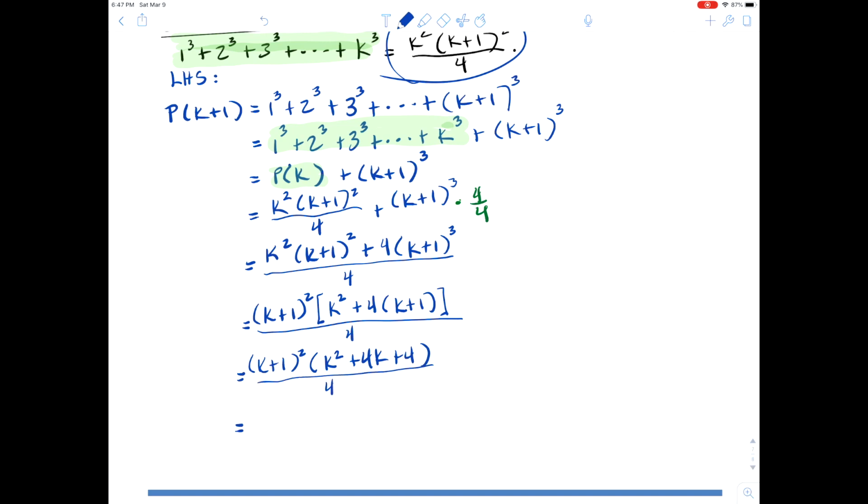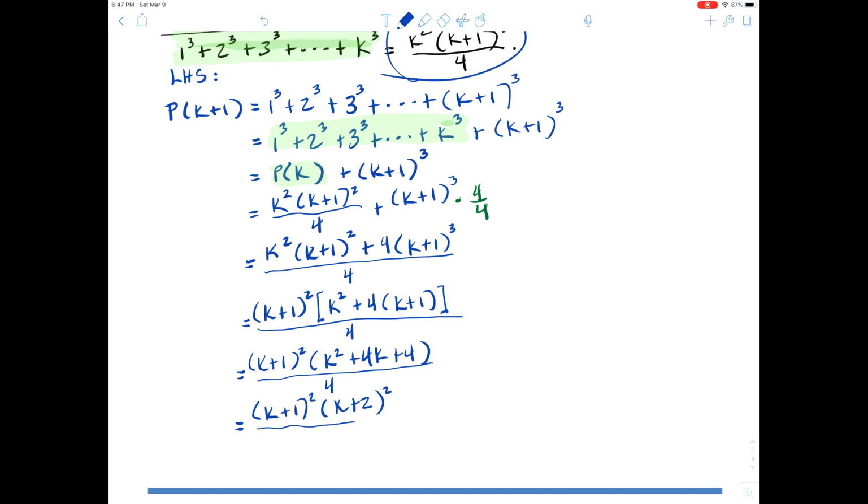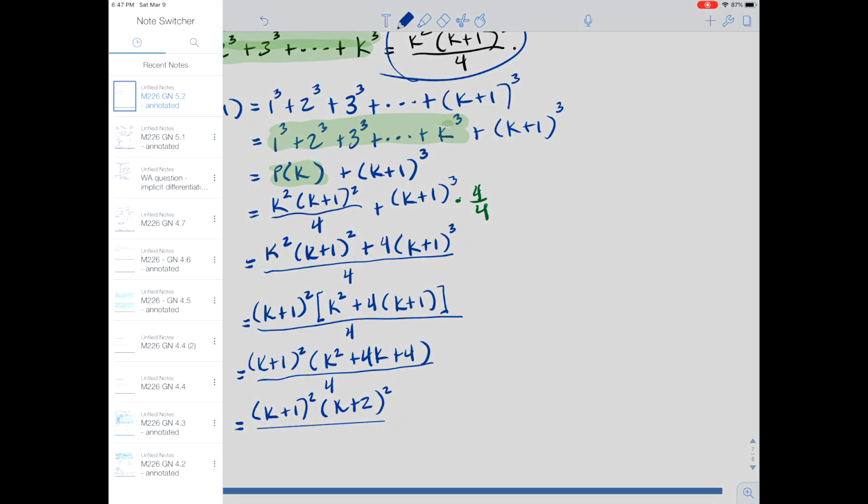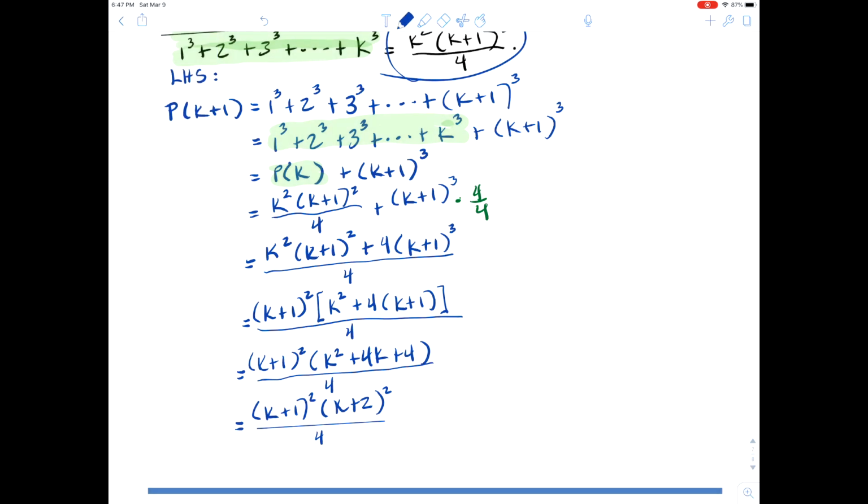And that will give us, beautiful, (k plus 1) squared times (k plus 2) squared, right? For factoring, work on your special factoring, any factoring if you need to, all over 4.